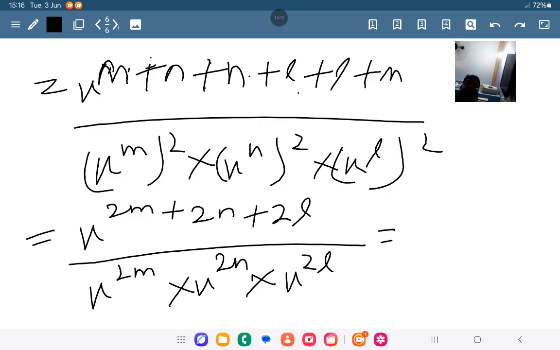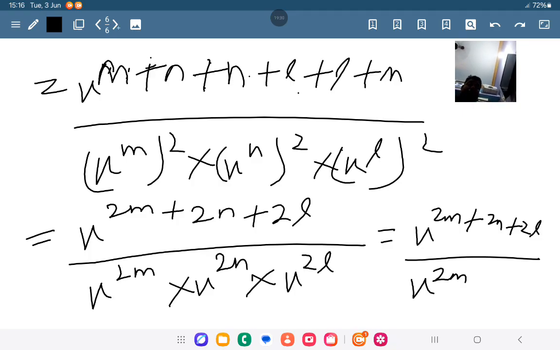So it is x to the power 2m plus 2n plus 2l divided by x to the power, here the bases are equal, we are going to multiply them, so the powers will be added: 2m plus 2n plus 2l.